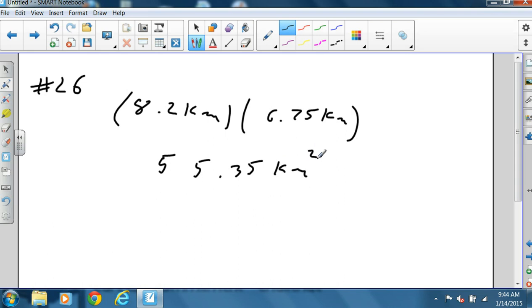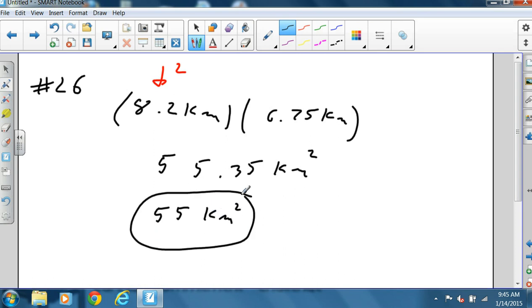That's not my final answer though, because it says when multiplying and dividing, round the results to the same number of significant digits as the measurement with the least number of significant digits. Okay, this guy's got the least number, he has 2. So I got to round this guy to 55 kilometers squared.